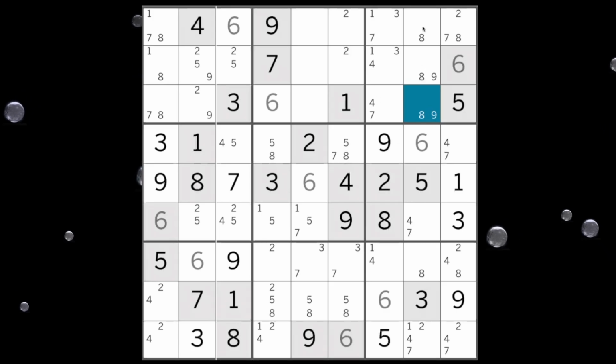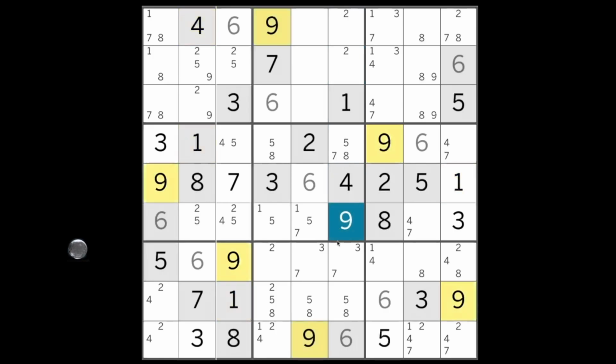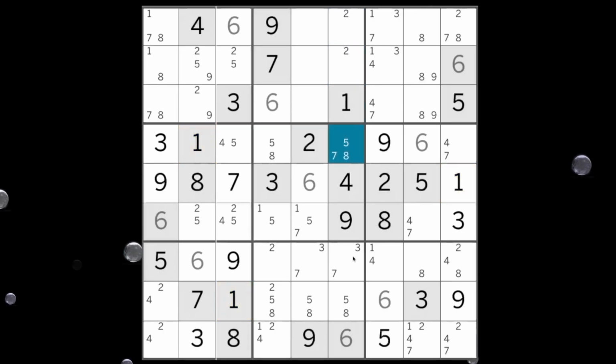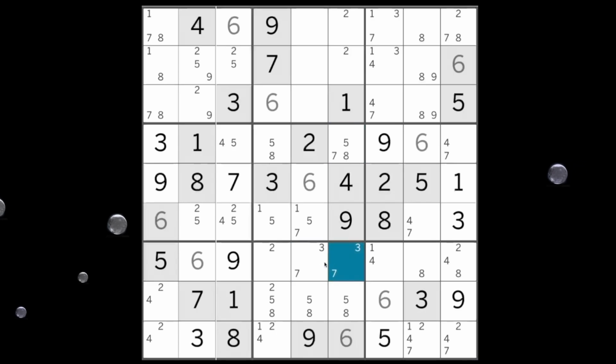That finished. That one. Let's see if we can finish this column here. So we have a 1. 2 can be up there, cannot be there. These are 3, 7 pair.